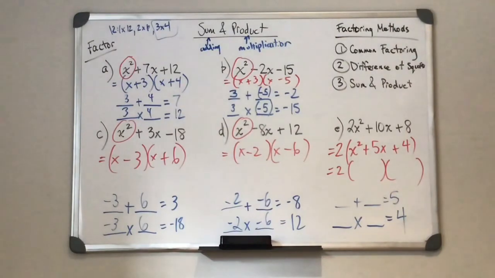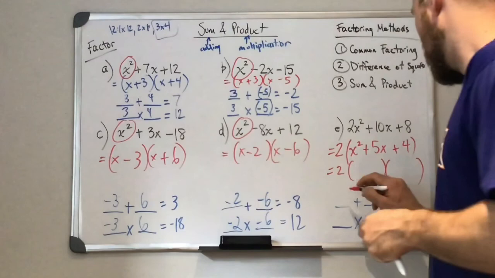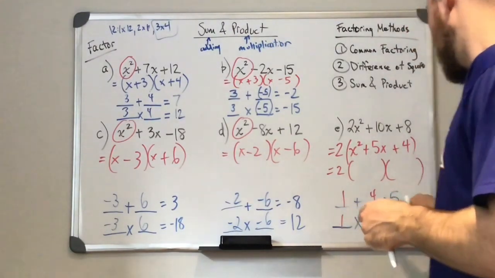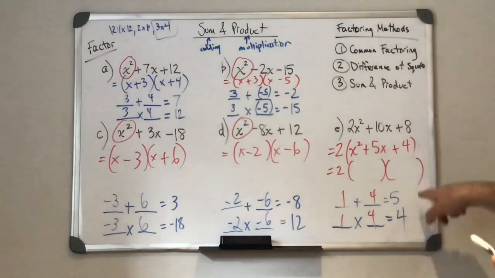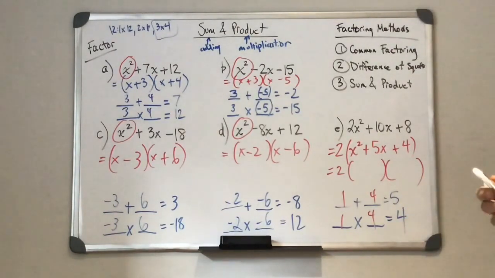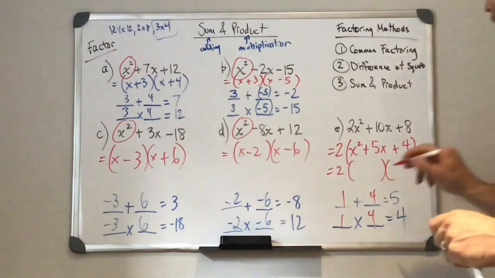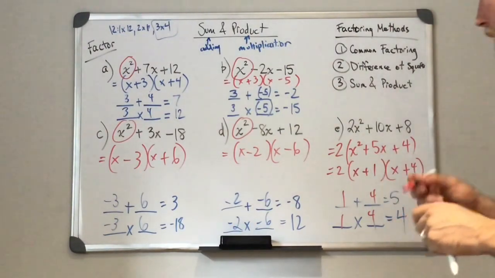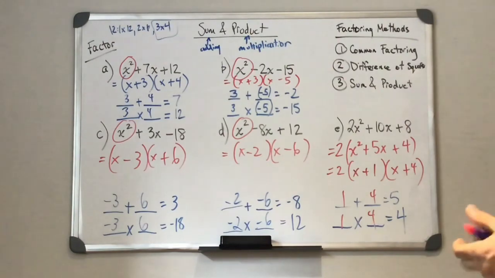Now, do any of those 3 options add to 5? Well, we've got 1 plus 4 and 1 times 4. That satisfies both of those equations here. So our last step here, x plus 1, x plus 4, we've got ourselves another way to factor.